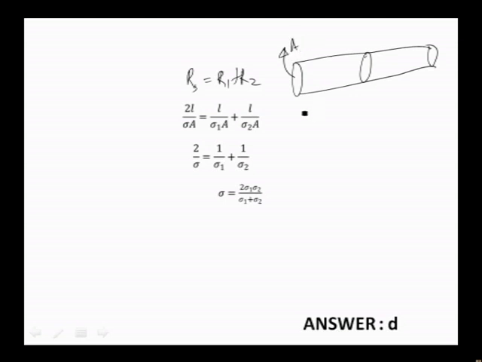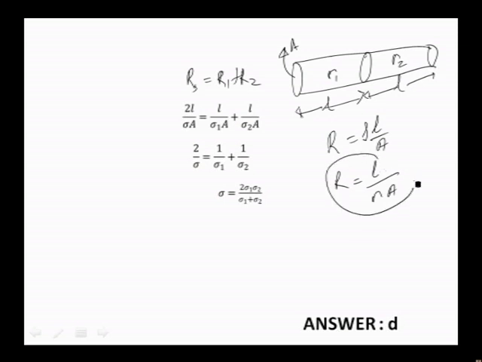The length of this I would like to take L, because length is also the same, L and L like this, but the conductivity of this and the conductivity of this is different. See, we have a basic formula, R is equal to rho L divided by A. This is resistivity. Reciprocal of resistivity is conductivity.